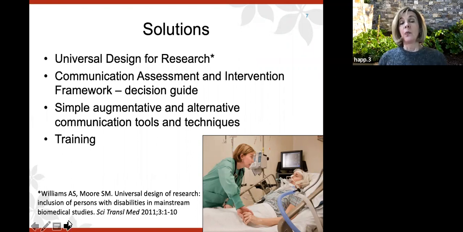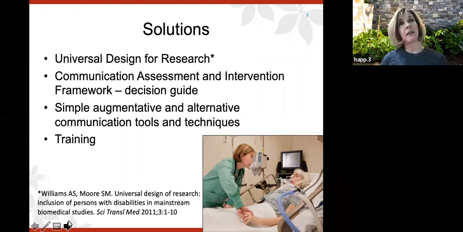We use and recommend, in research with a population that you anticipate having some communication disability, a structured communication assessment and intervention framework. By intervention, I mean particular accommodations for a communication disability. And so these are simple augmentative and alternative communication tools and techniques.